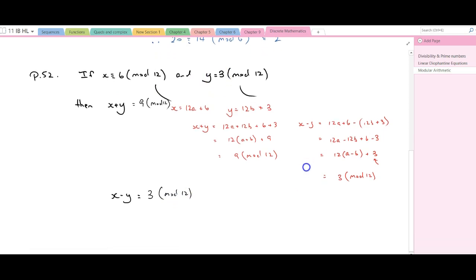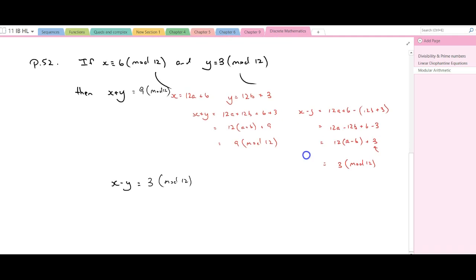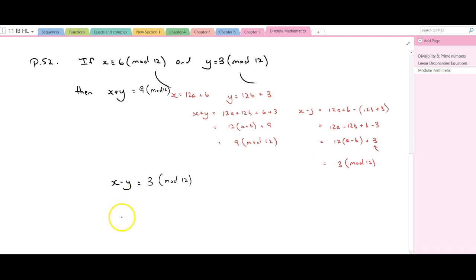Now let's have a look at x times y. What would xy be equal to? Well, is it 6 times 3, 18 mod 12? Let's check it out. Here's my x and y. xy will equal 12a plus 6 by 12b plus 3.